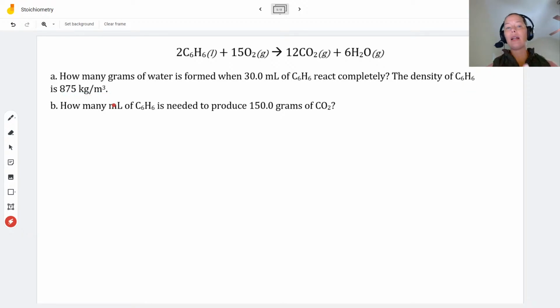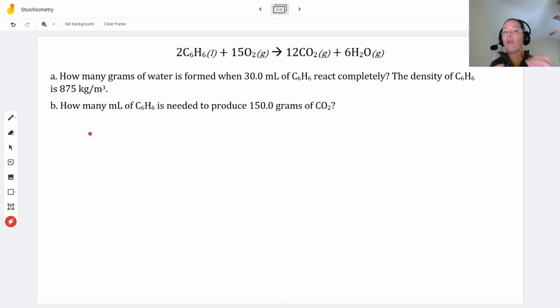Okay, this is not uncommon. You can see in our chemical reaction, benzene is a liquid, and that's true, benzene is a liquid. So sometimes you might measure this out in terms of a volume instead of measuring out an amount of grams. It depends on what you have on hand and how it's easiest to measure. So if we're ever given a volume here and we need to do stoichiometry, and this is not a concentration problem because we just have pure benzene here, then we need to deal with a density.